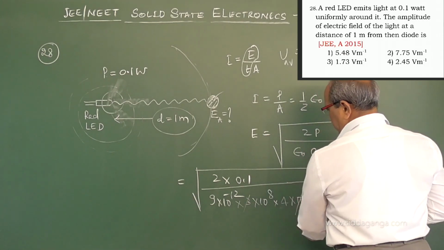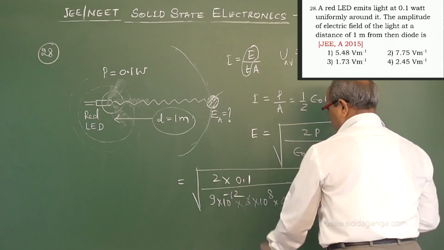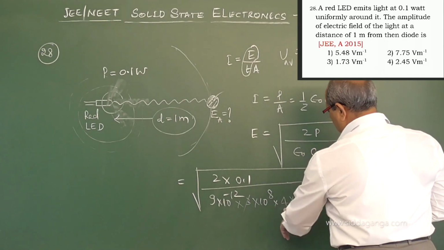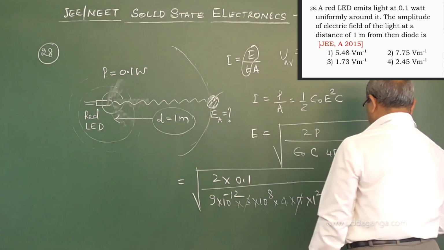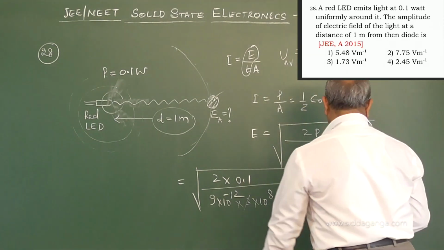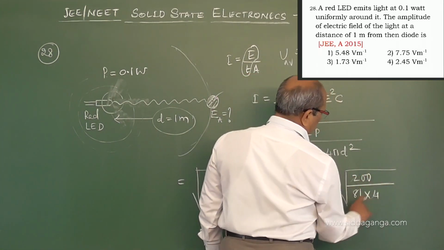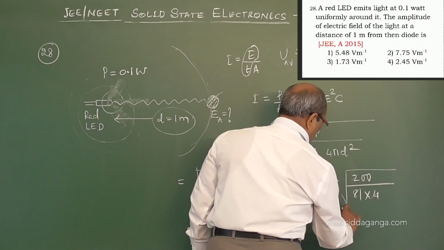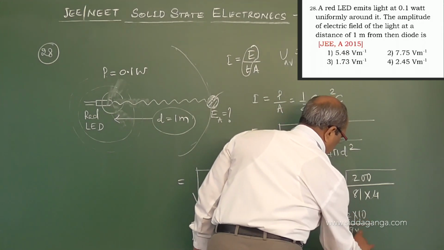Then 4 is remaining with the square root of this. Keeping it as it is, 200 square root 2 into 10 divided by 9 into 2.